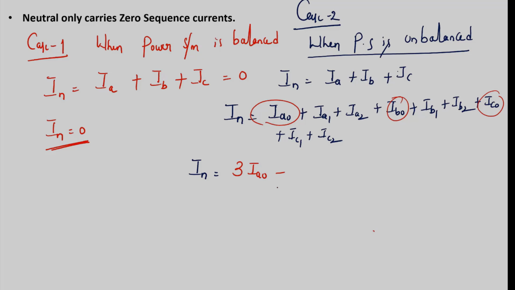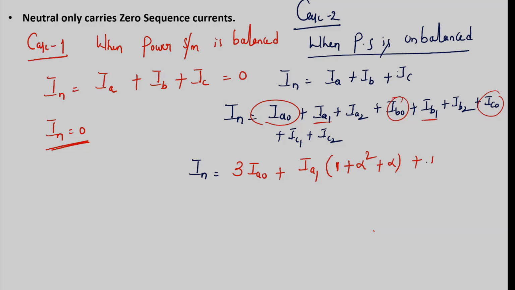plus, if I take IA1 common, it is going to make 1 plus alpha square plus alpha, since IB1 I can write as alpha square IA1, and IC1 as alpha times IA1.